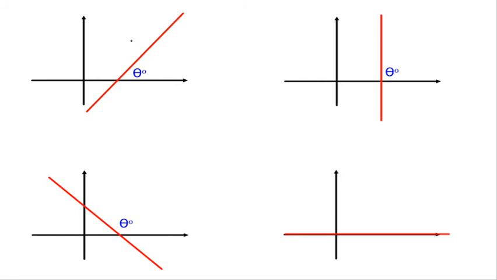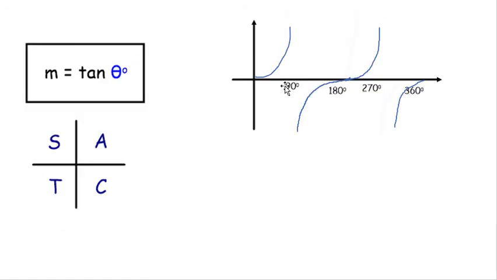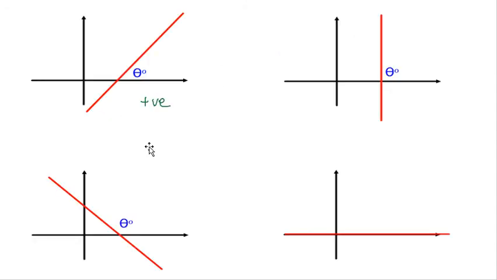You'll notice that a line like this has a positive gradient. And if we just quickly look at the tan graph, for an angle between 0 and 90 degrees, the tan graph is always positive. Therefore, a positive gradient for any angle between 0 and 90.